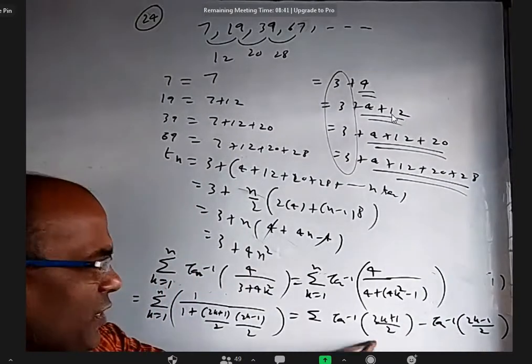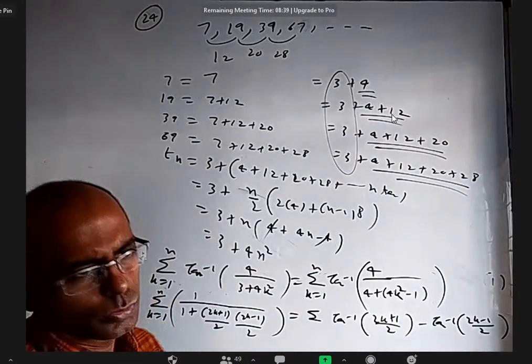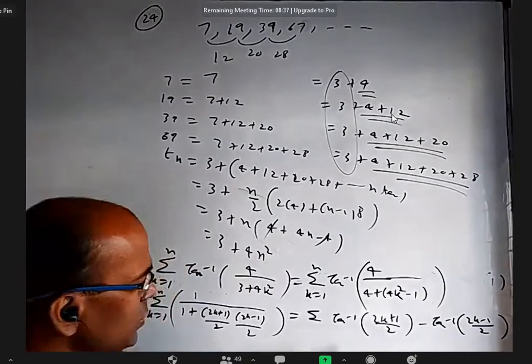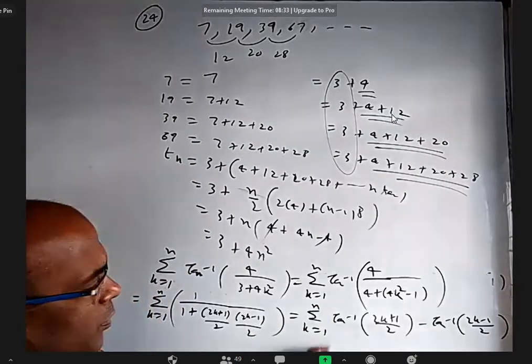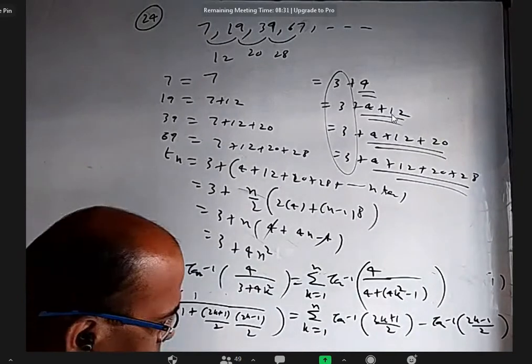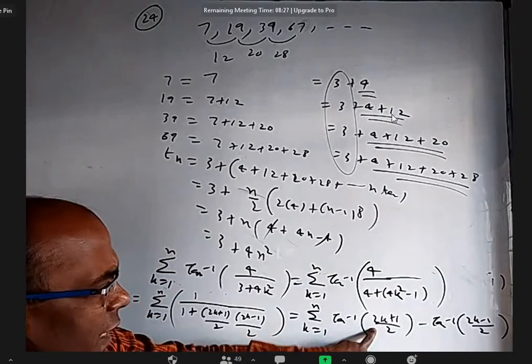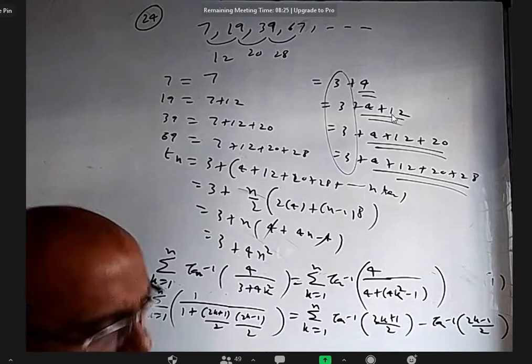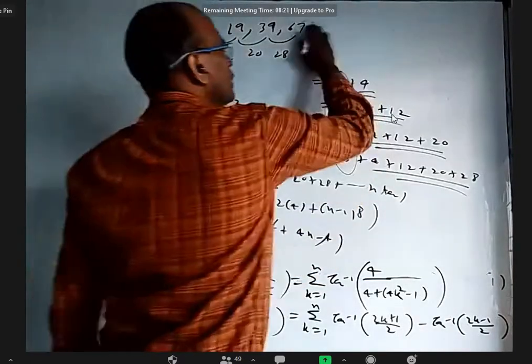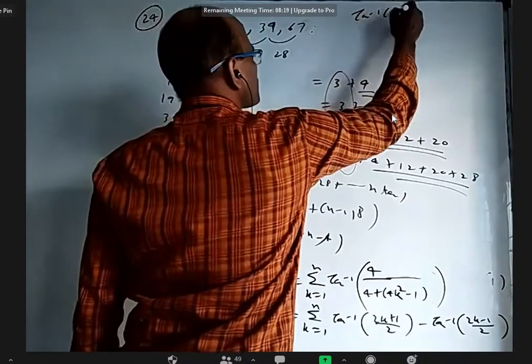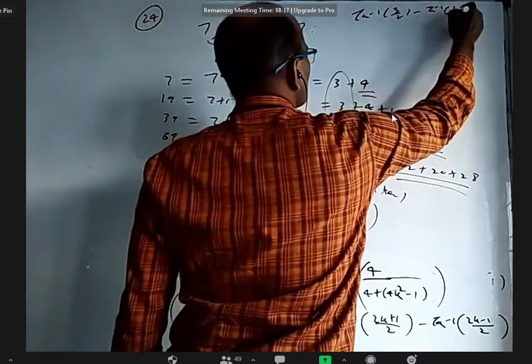Because of fractions, maybe we did not get the idea easily how to do it, but it's good. So now put k equal to 1, k equal to 2, and so on. When you put 1, we'll get tan inverse 3 by 2 minus tan inverse 1 by 2.